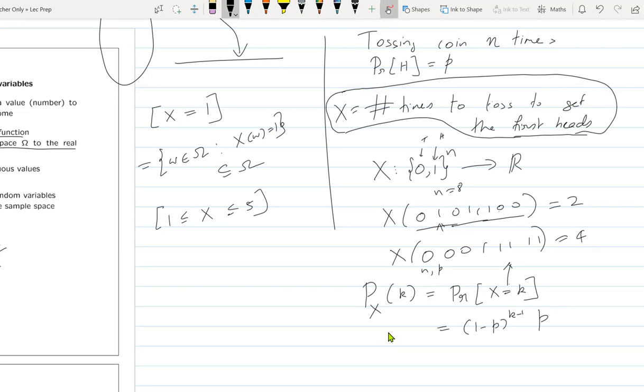It is in the second experiment that we got the first head. So how will it be 1 minus p whole power k minus 1? It is not the number of heads, right? What is x? It is the number of times you need to toss to get the first head. You agree? Okay, I got it. Sir, what do you mean by x equal to k? There is this sample space and there is a subset which satisfies x equal to k. So what is that subset of elements which satisfy x equal to k?